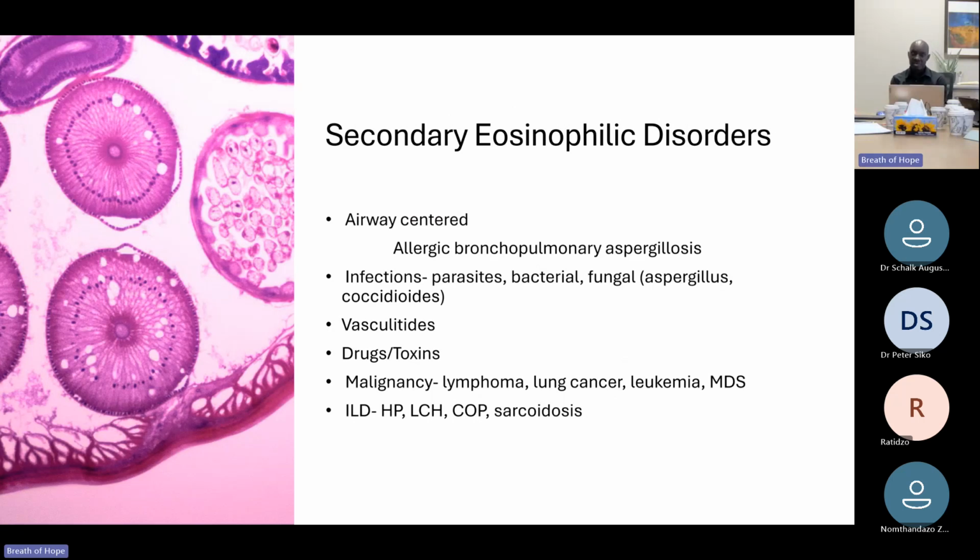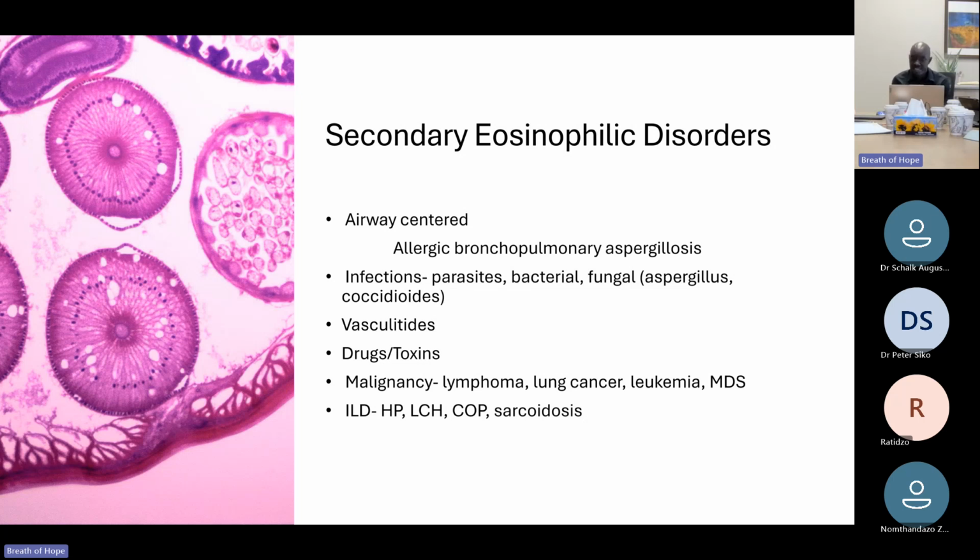Secondary eosinophilic disorders result from another cause, and those can be classified as airway-centered, such as allergic bronchopulmonary aspergillosis; infectious, such as parasites, bacteria, and fungi such as aspergillus; and not forgetting vasculitis, and then drugs or toxin use.